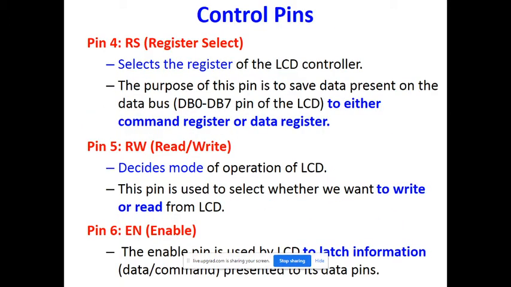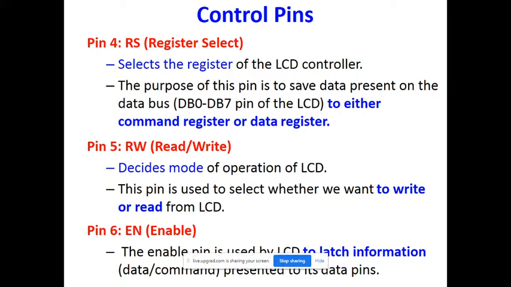Next three pins are related to controlling the LCD. These pins are also called control signals. The first pin is called RS, that is register select. In each LCD there are two registers. One is the data register, and the next one is the command register. You can choose either one of the registers to send our information.